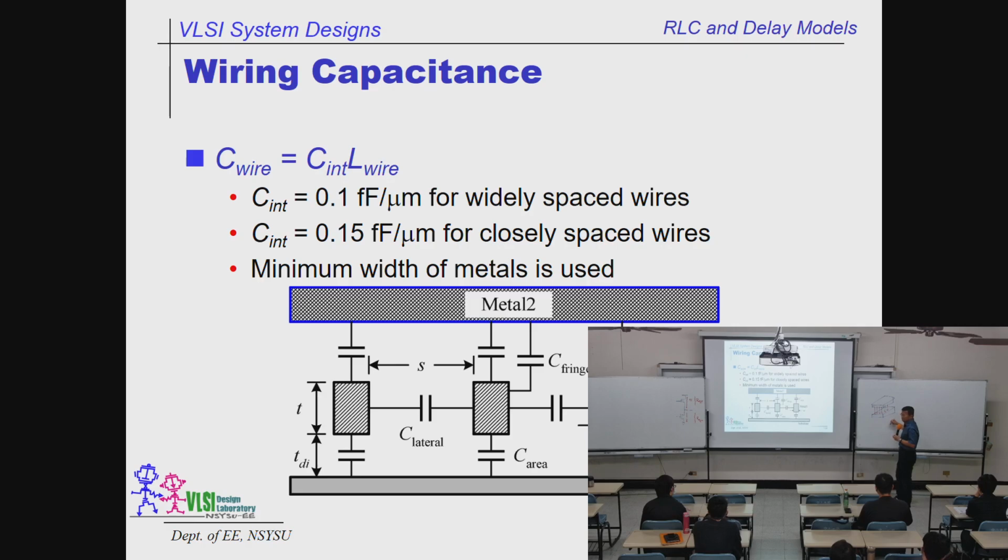But basically, the natural law tells us that there are always some bad guys. They don't follow the rules. We have some stray electrical lines that get out of the boundary, but then they come back to the bottom plate. We call this a stray or fringe capacitor. Stray or fringe.